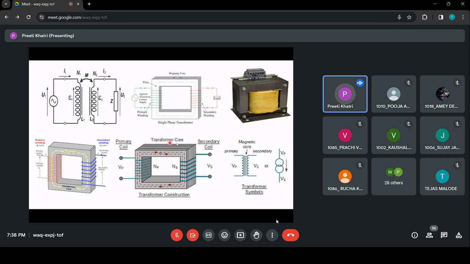And the working of this transformer, or the physical basis on which the transformer is transferring the power from one side to the other side, is nothing but the mutual induction which is present between the two circuits, which are linked by a common magnetic flux.